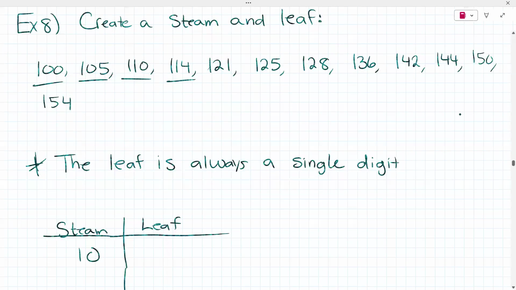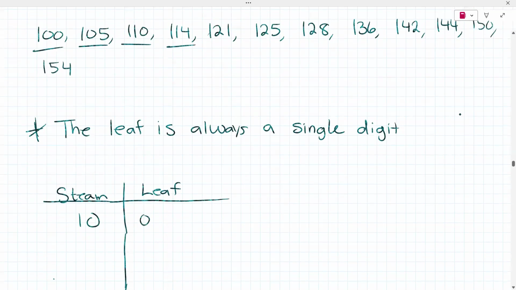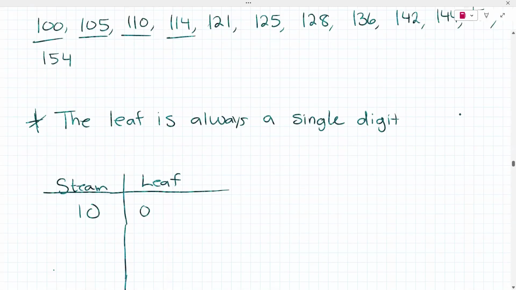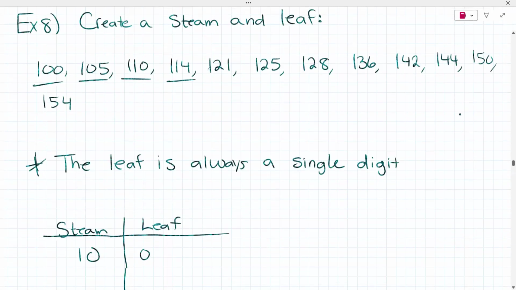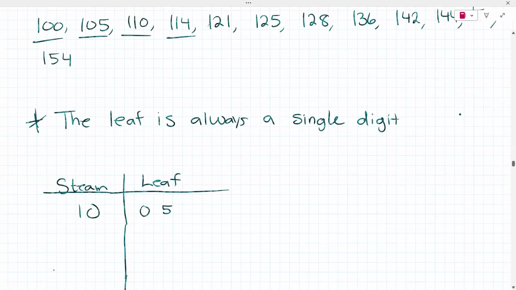And then for the 100, we're going to replace the leaf with 0. So the leaf is always a single digit. This is why we put a 10 here. And then I'm going to put a 5. Okay, so we're going to stop here, and then we're going to do the 110 and 114 separately. Since the leaf is always a single digit, for the 110, we're going to put 11 here, and then put a 0 here. And then we have another 11 at 114, so you're going to put a 4 there.